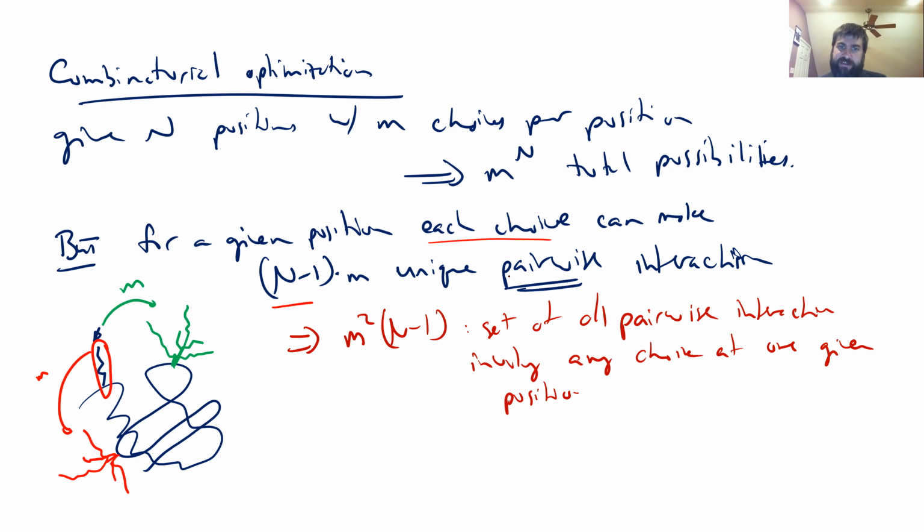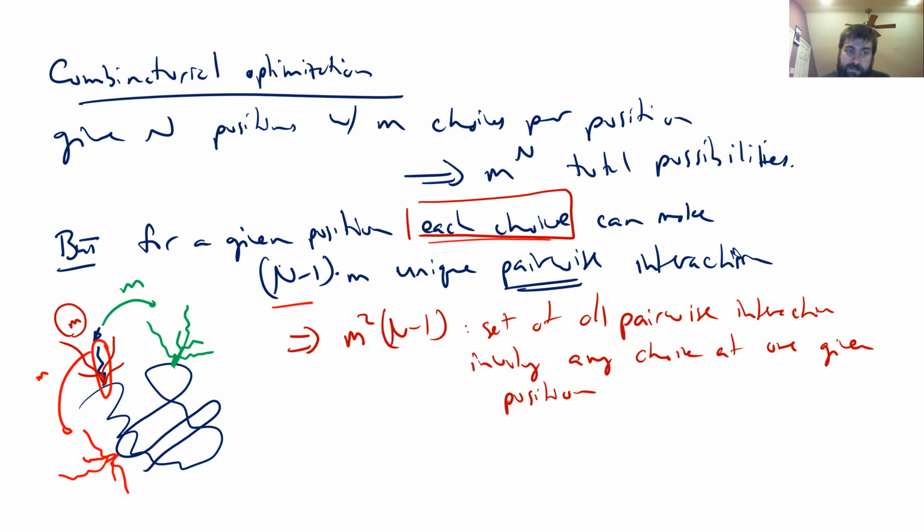How do we get this? Well, we've said each choice can make n-1 times m pairwise interactions. We now add in the allowed diversity at this particular position. We have m possible choices. Each one of these can make n-1 times m pairwise interactions, and we get m squared times n-1.